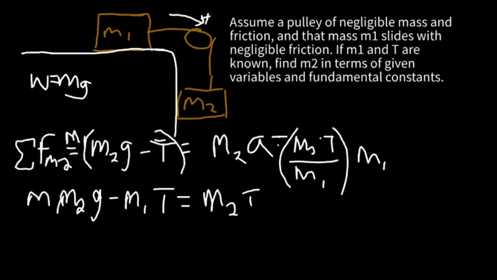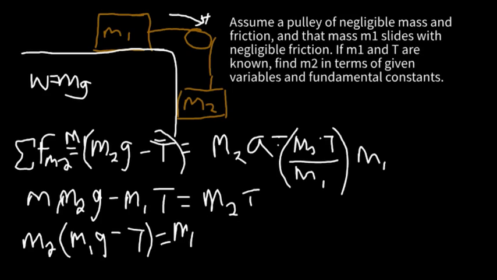Alright, so the next step is going to be to get m2 on one side of the equation. So I'm going to add m1t and subtract m2t from both sides. So if you factor out m2 from that, you'll get m2 times m1g minus t equals m1t.